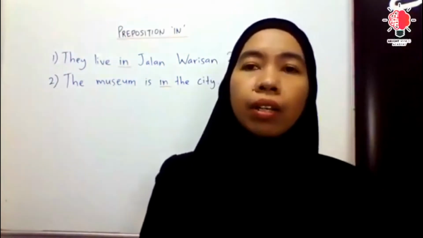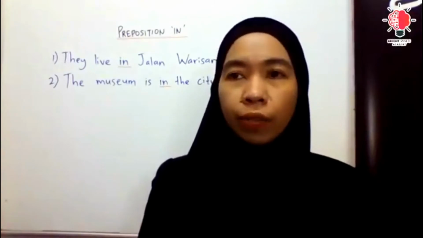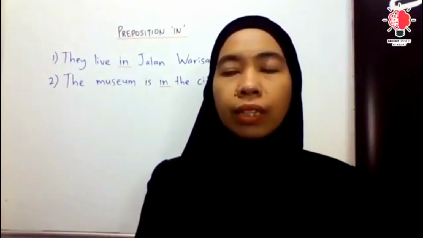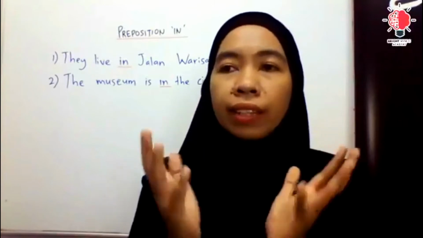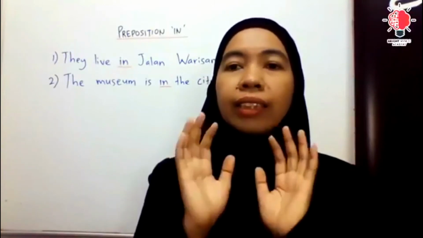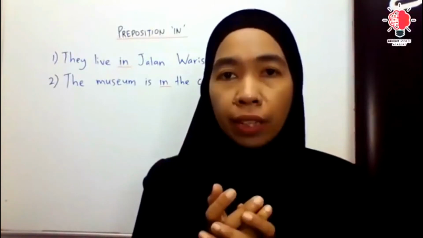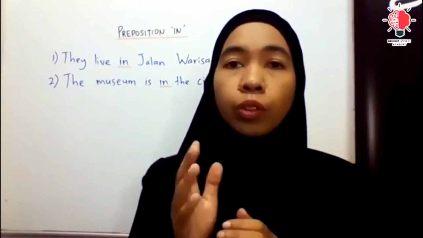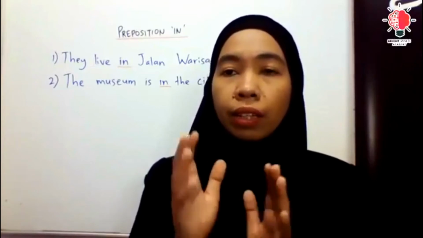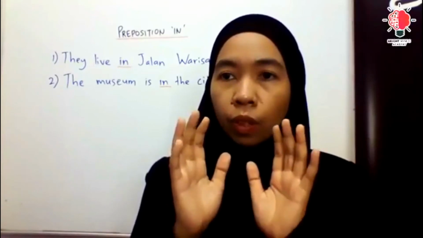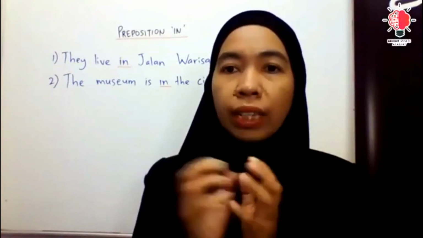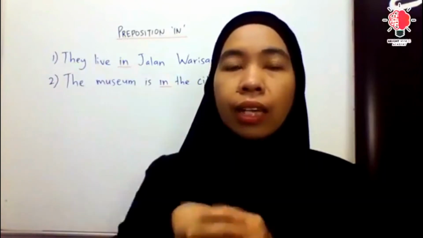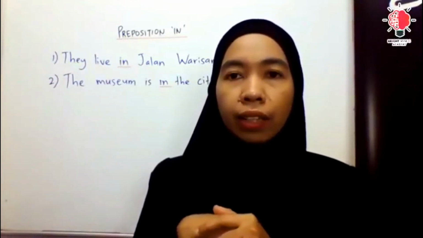Okay, now the best way to think about preposition in is being within something or inside the edges of something. So just imagine that the object that you want to explain is within or inside the edges of something.